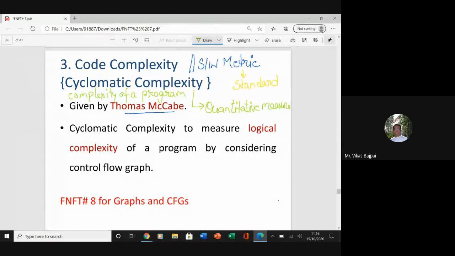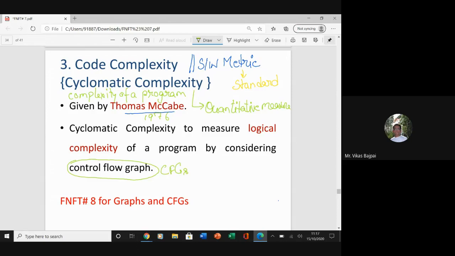This came somewhere in the year 1976. This cyclomatic complexity is calculated or computed using control flow graphs, which are also called CFGs.